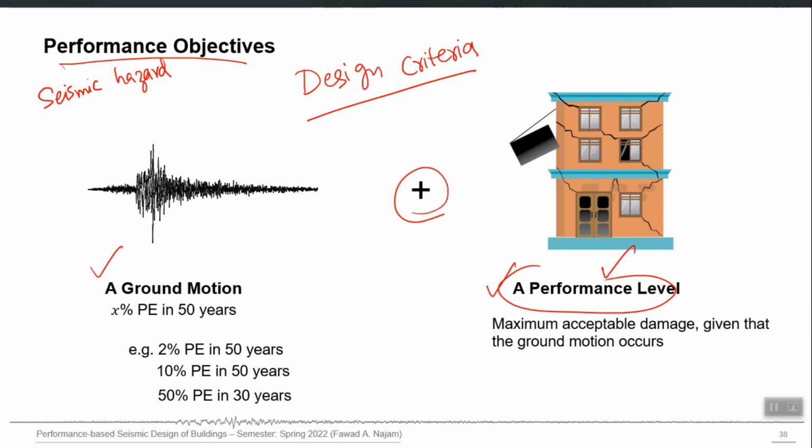It is described mathematically by a few numbers, and the most common number is peak ground acceleration. So the level of seismic hazard is described by ground motion parameters, and there is a whole list of those parameters, but the most common ground motion parameter is peak ground acceleration, the PGA value.